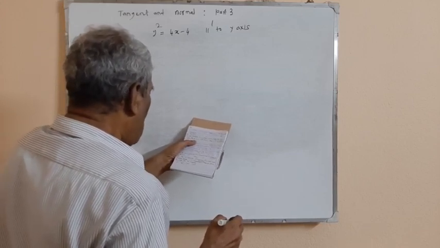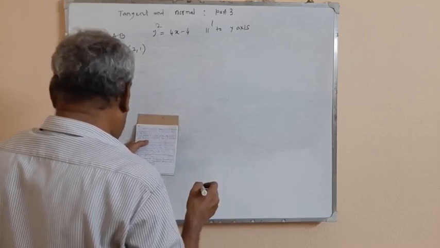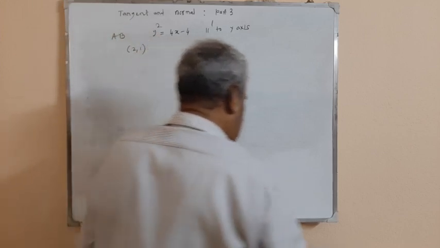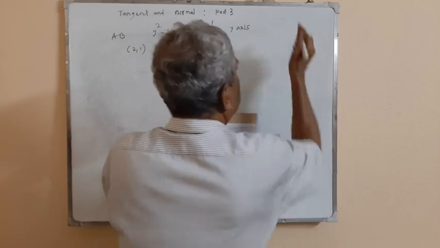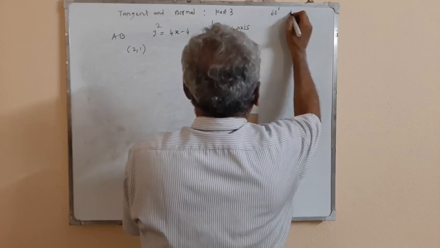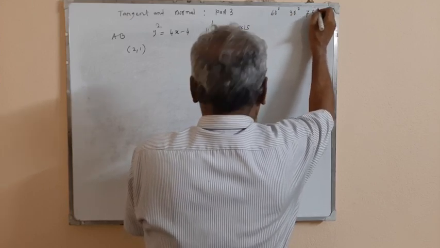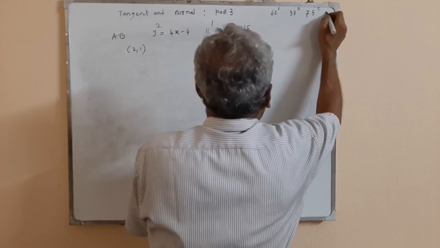Tangents of the parabola are drawn at A and B. Then the angle between the tangents. Options: 60 degree, 30 degree, 75 degree, and 90 degree.